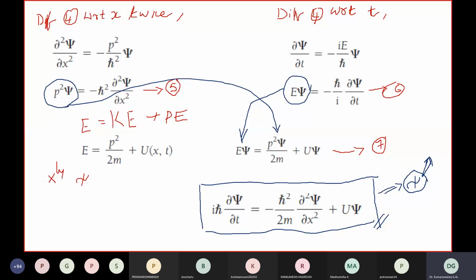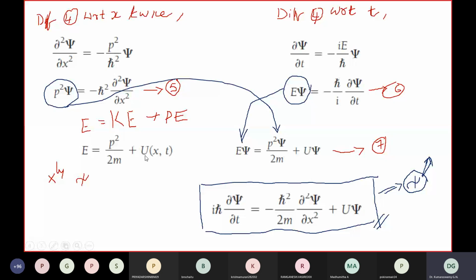But in many cases, see here we started with a particle and its energy was E is equal to P square by 2m plus U of x and t.